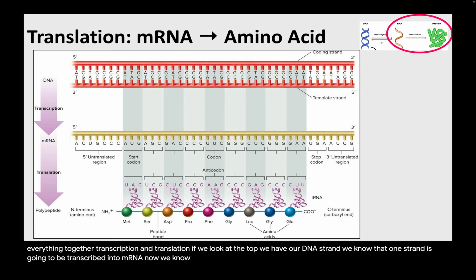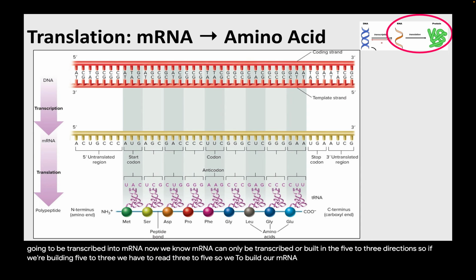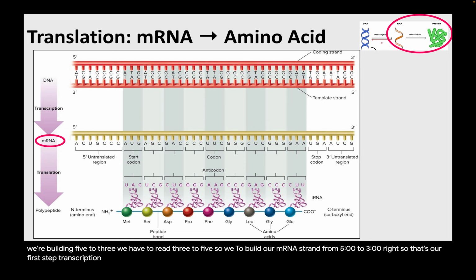Now we know mRNA can only be built in the 5 to 3 direction. So if we're building 5 to 3, we have to read 3 to 5. So we would read this template strand that goes from 3 to 5 to build our mRNA strand from 5 to 3. So that's our first step, transcription.